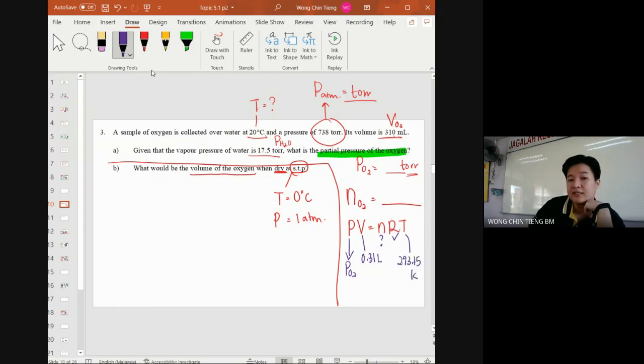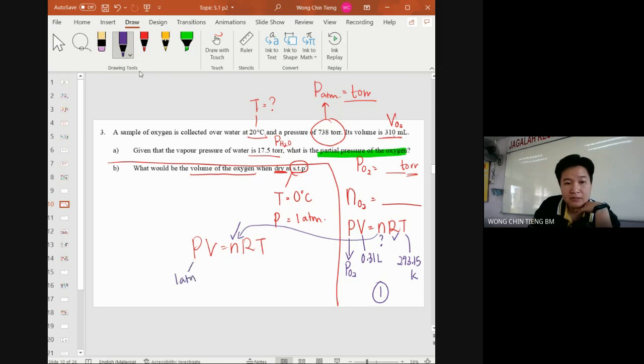Ni adalah PV nRT kali pertama. PV nRT kali kedua, kamu akan kira sekali lagi. Tetapi kali ni kita akan ada number of mole. Number of mole yang kamu kira, kamu akan bawa masuk ke sini. Pressure is 1 atm. Temperature is 273.15 Kelvin. R is a constant. Volume is the one that we are looking for.